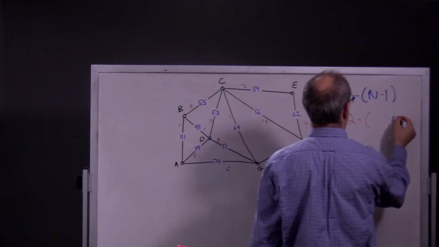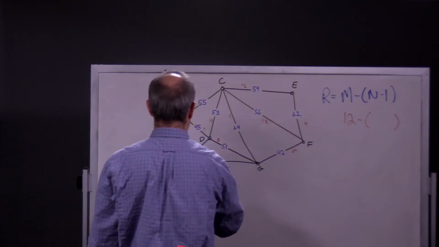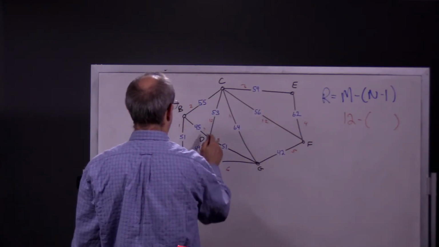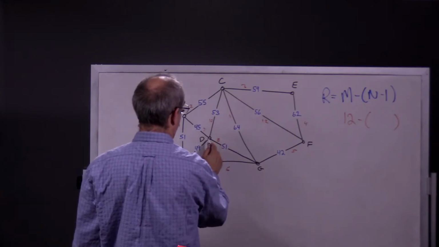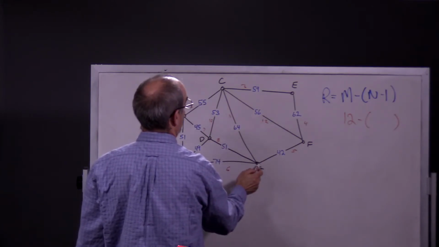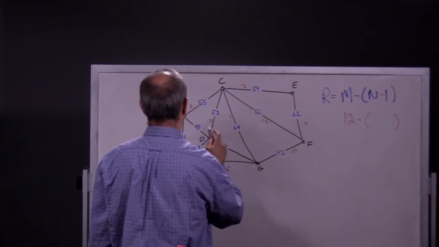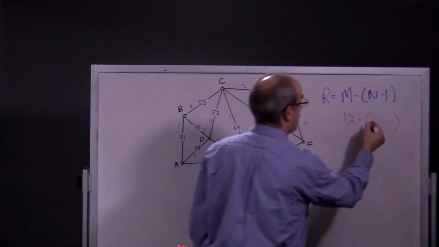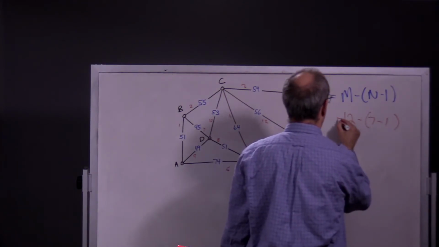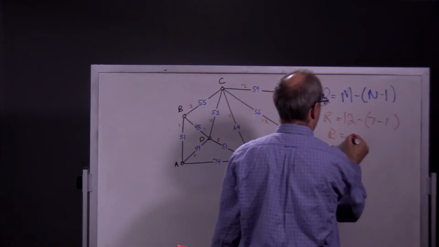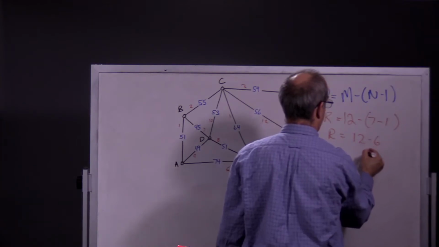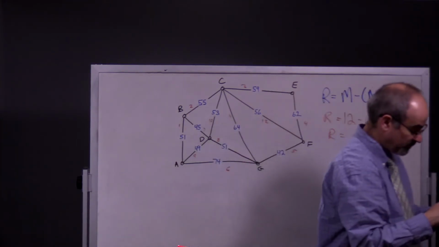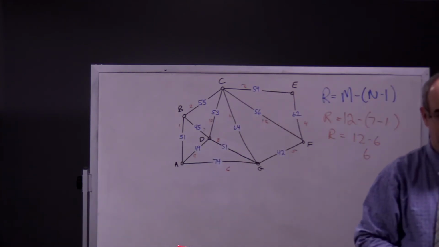How many vertices are there? A, B, C, E, 4, 5, 6, 7. Is there 7? 1, 2, 3, 4, 5, 6, 7. So there's a lot of redundancy in this network.